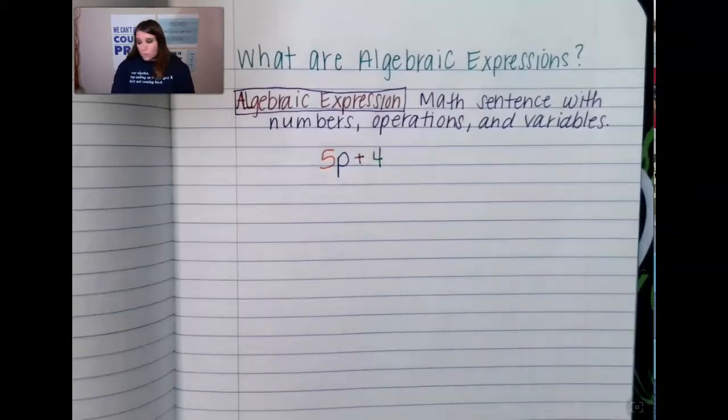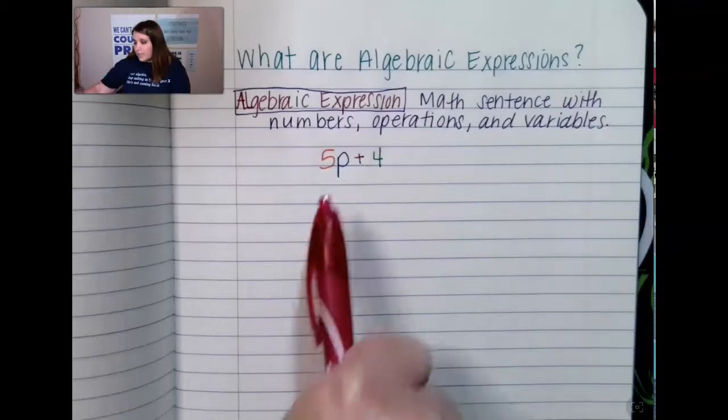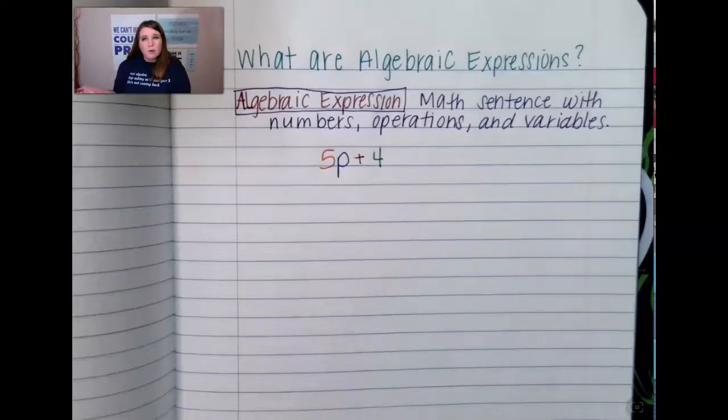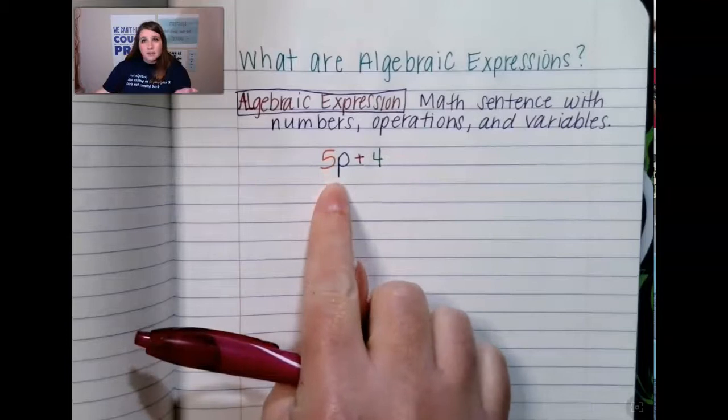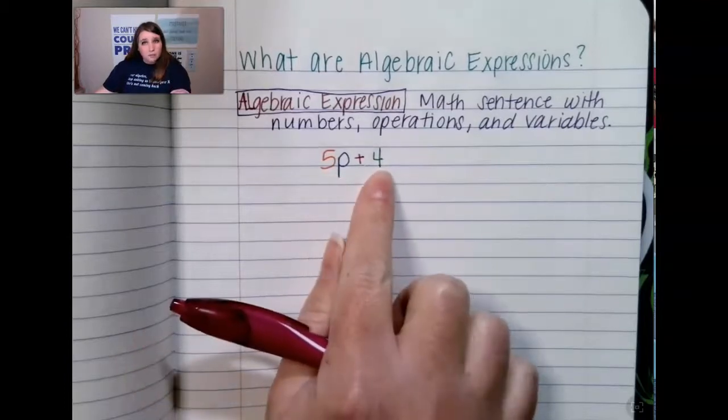Okay, so an algebraic expression has what we call terms. The terms are like a shopping list of the things you need in order to make this algebraic expression. So if I were to make an algebraic expression that looked like this, I would need a 5p and I would need a 4.